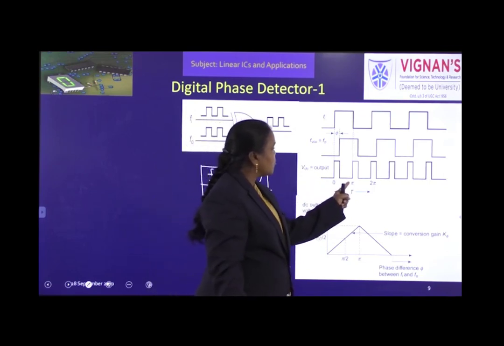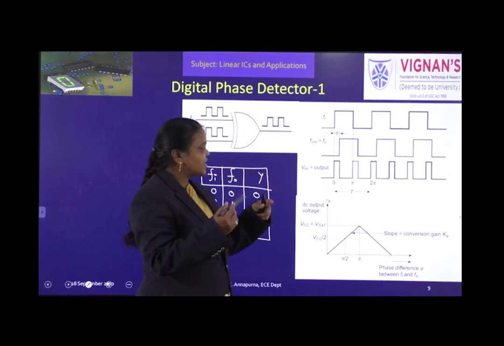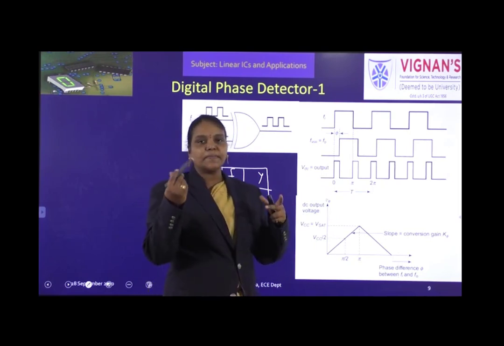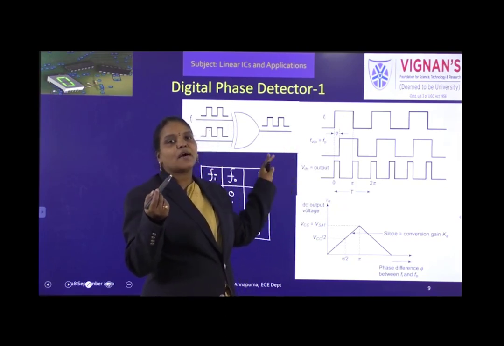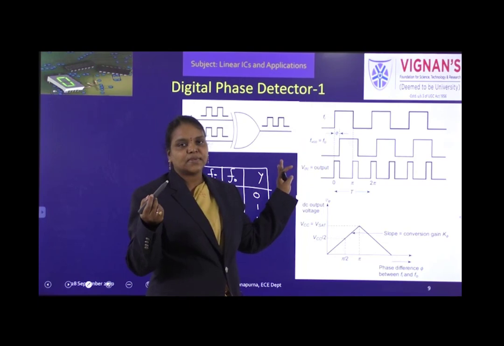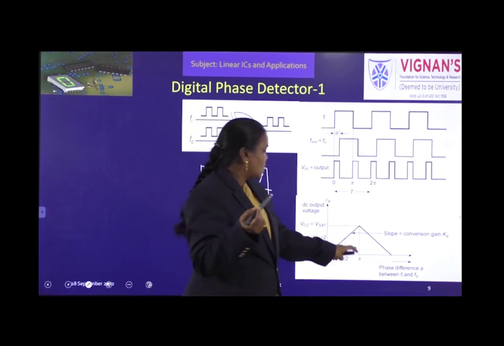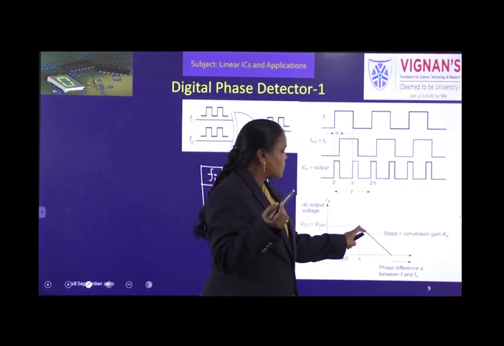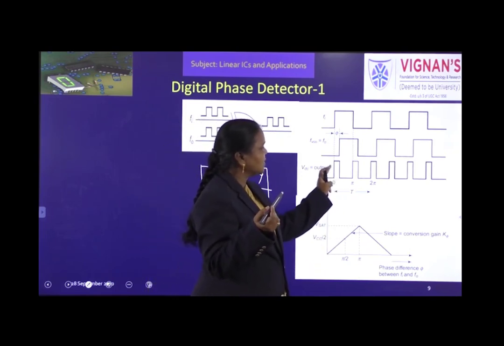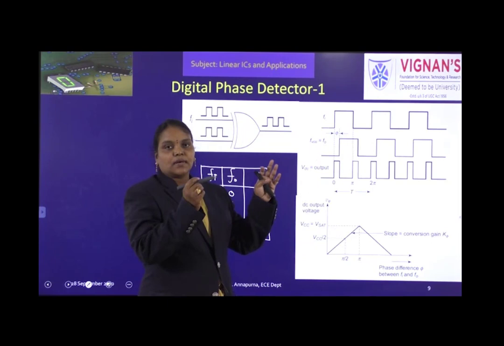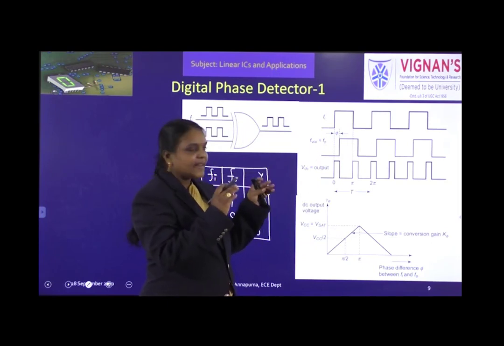And here if you observe, for what phase shift you will get the maximum control voltage or error voltage? When there is 180 degrees phase shift, the output will be completely high, right? So at pi, your output will be completely high, and as phase shift is increasing, their coordination will be reducing.